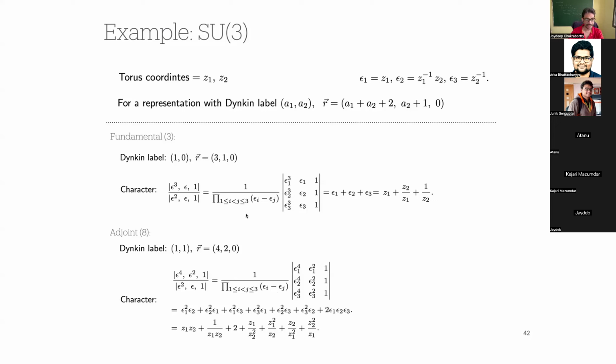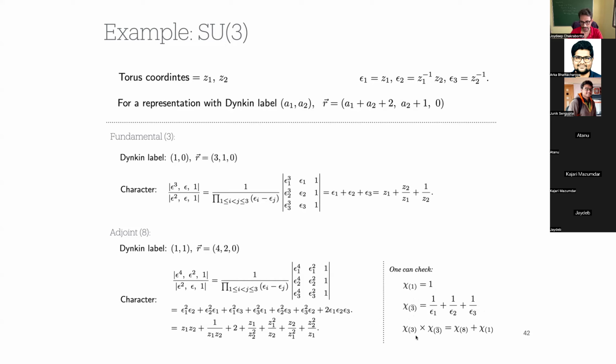So if I calculate the character for the 3 bar and the character for the 3, and then multiply, that should be the 8-dimensional representation's character plus the singlet character. The singlet character is nothing but 1. You can cross-check immediately: my chi1 is basically 1, because it's a trivial one, and the anti-fundamental 3 bar representation is like this.